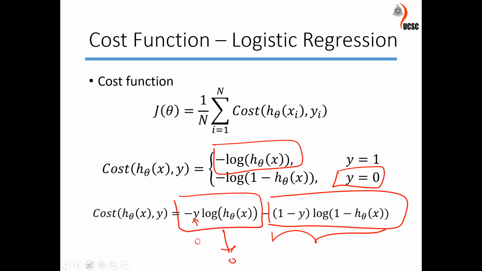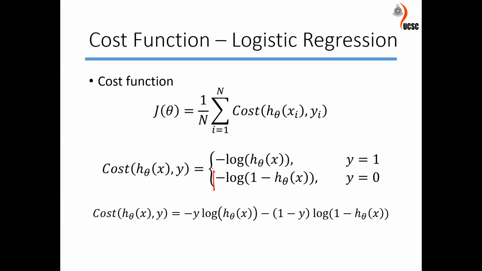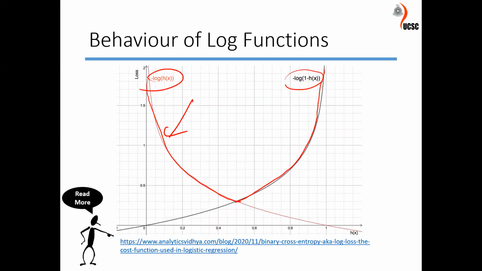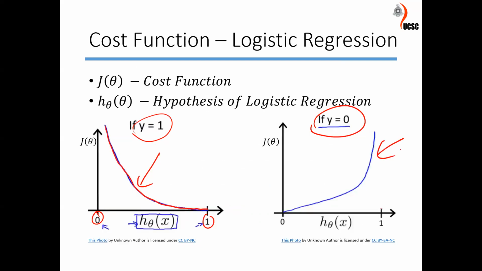Then if our y equals 0, in that case, we should consider this function. So we have that function here. As you can see, if y becomes equal to 0, the cost function is getting reduced and comes to the 0 point.